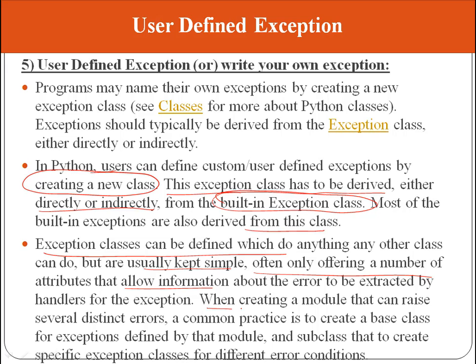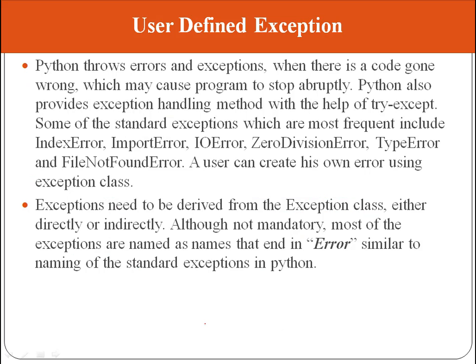When creating a module that can raise several distinct errors, a common practice is to create a base class for exceptions defined by that module and subclass that to create specific exception classes for different error conditions. So we'll be looking into the examples.